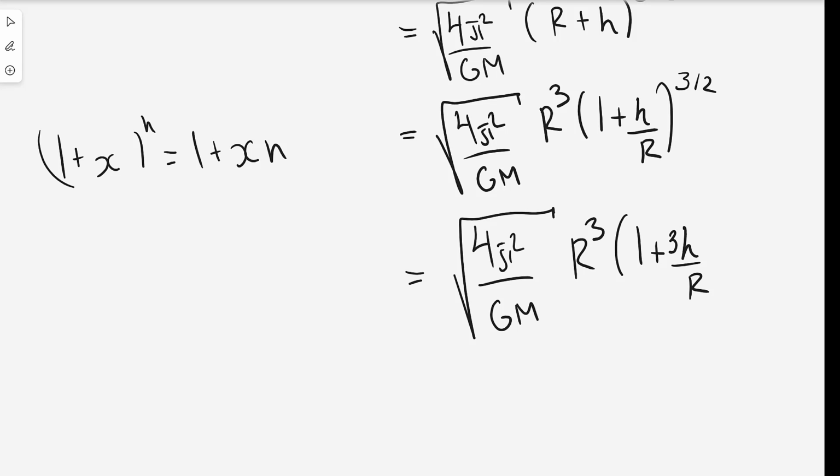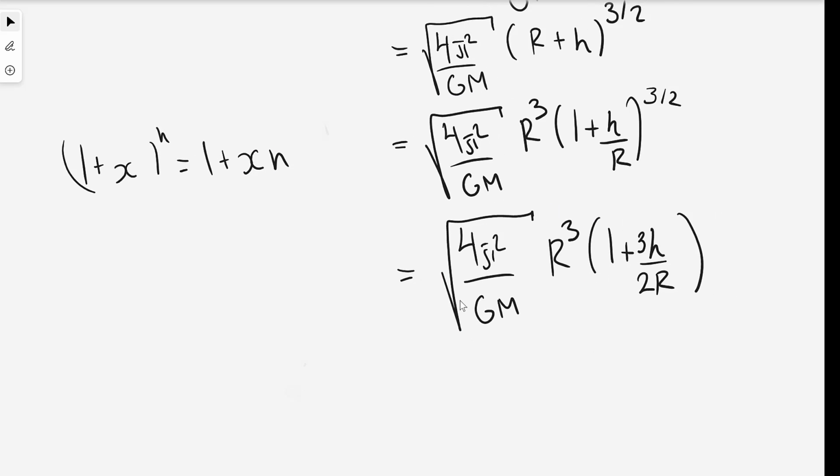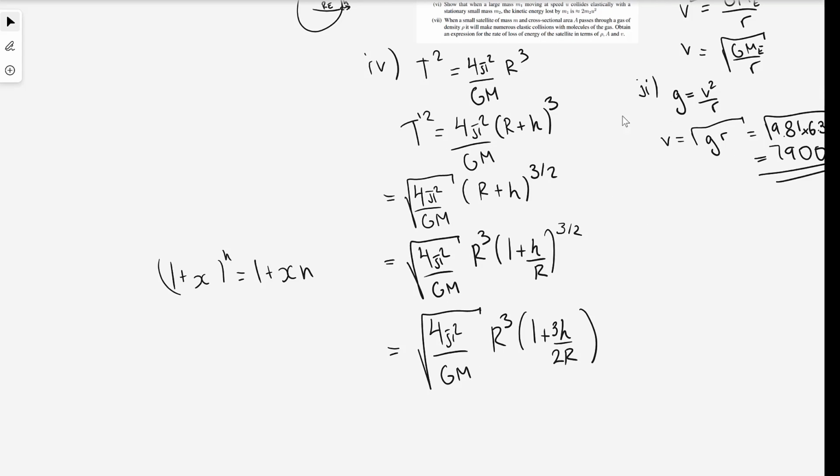So it's going to be 3h over 2r. Well, hang on a minute. This here was our original time period T. Now, if our time period T is 4 pi squared over GM at an orbit with a radius r, let's call the other one T primed, with the radius of r plus h. So this here is actually the orbital period of, let's call that T prime, like so.